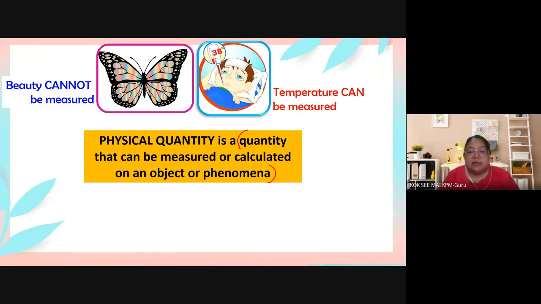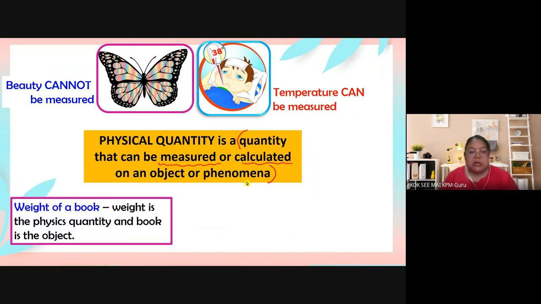The answer is: a quantity that can be measured or calculated on an object or phenomenon. It's something that can be calculated. You can say object, or you can say phenomenon, when that situation happens, I can calculate it. Example, first, the weight of a book. The weight is a physical quantity, we can measure it. And the book is an object. Something I can measure on it, we call it a physical quantity.